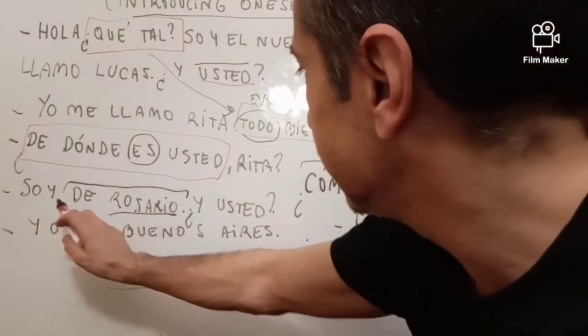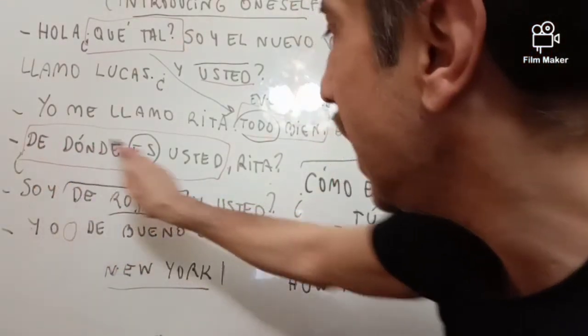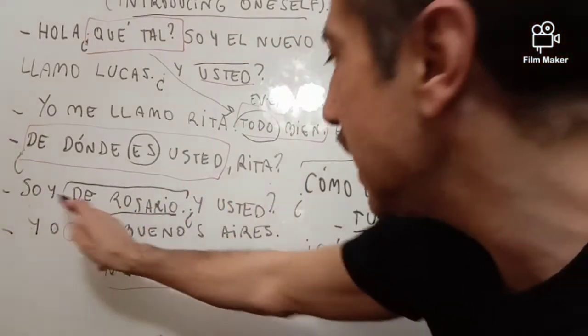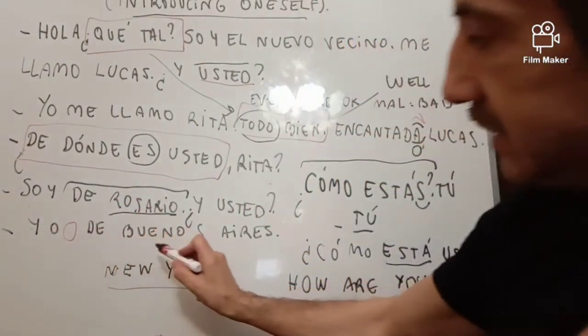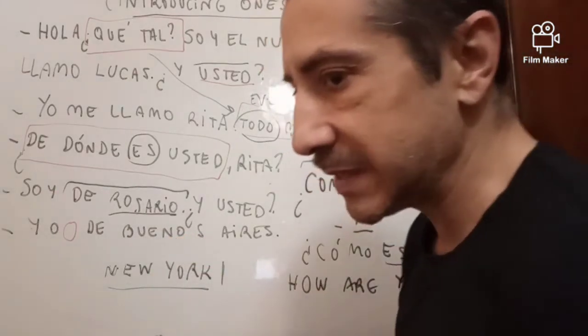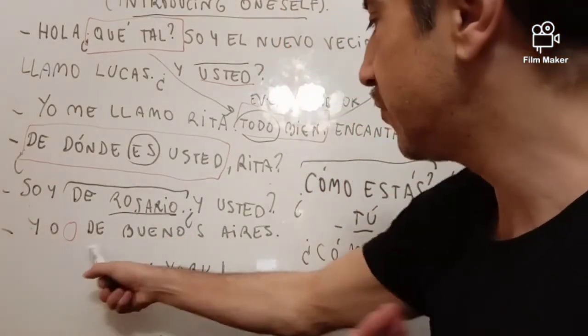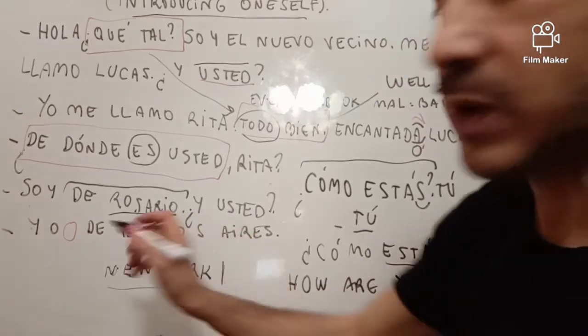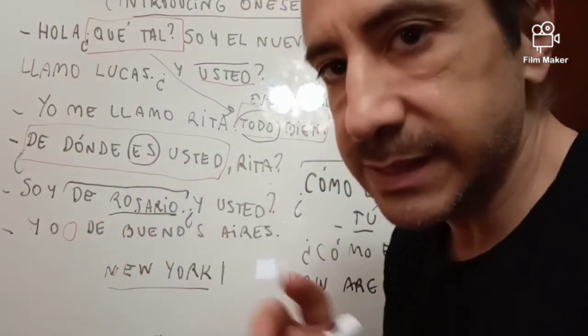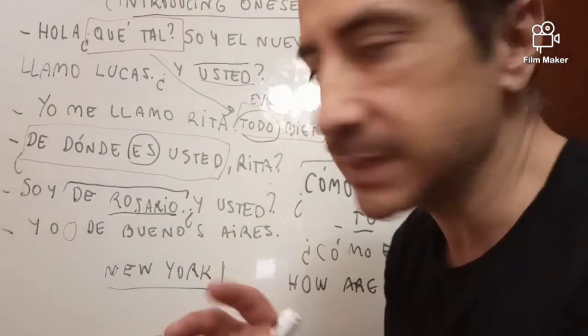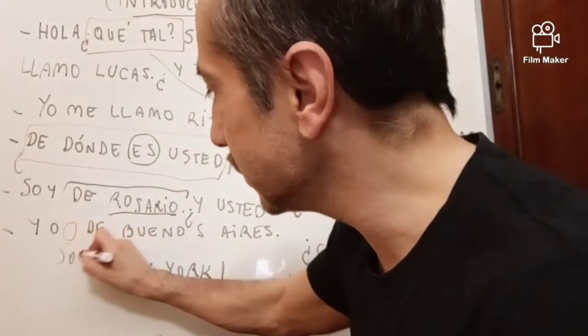Let's finish this. So, where are you from, Rita? I'm from Rosario, and you? This is the same as saying "me from Buenos Aires." That's why we don't have the verb here. We could say it in both ways. "Yo soy de Buenos Aires."